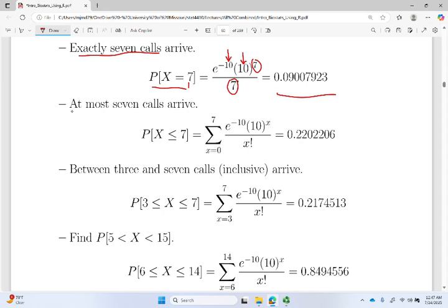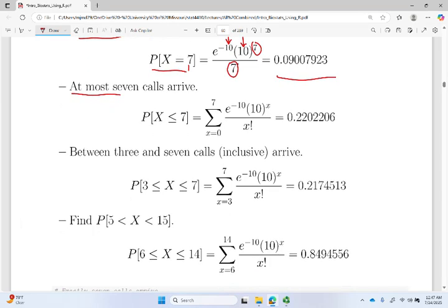Now what's the probability at most 7 calls arrive? So at most means that it could be 0, could be 1, could be 2. Now, the probability of x equals 0, or x equals 1, or all the way to x equals 7. That's the probability we're trying to find. Now, I got a question for you.